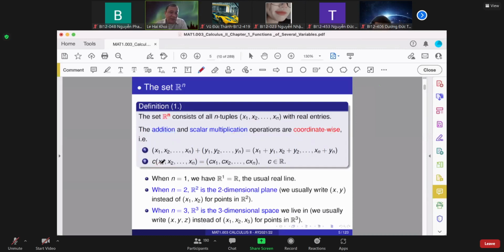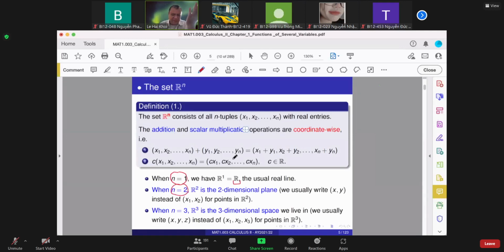Three particular cases, n equal to 1, n equal to 2, and n equal to 3, are more specific for us. When n equal to 1, instead of R1, you write R, the usual real line. In case n equal to 2, R2 is the two-dimensional plane.